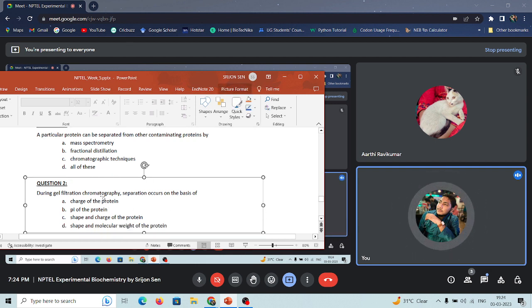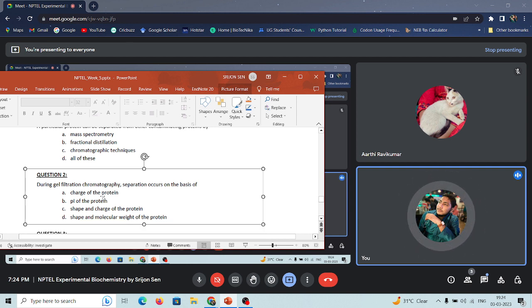Coming to number 2, during gel filtration chromatography, separation occurs on the basis of charge of the protein, pI of the protein, shape and charge of the protein, or shape and molecular weight of the protein.